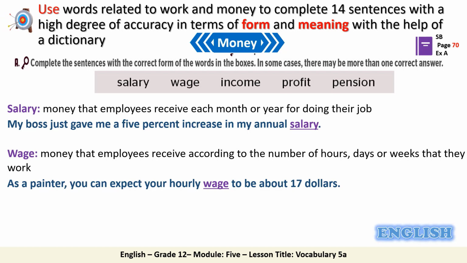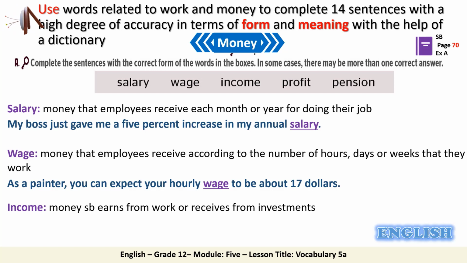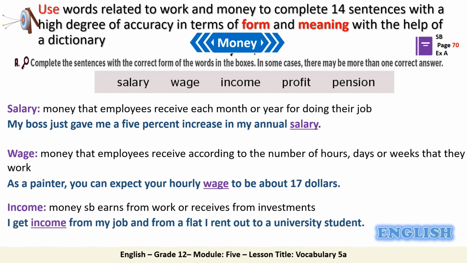So you see the difference between salary and wage is that salary is annual or monthly, but the wage is hourly, daily, or weekly. The next word is income, which means money somebody earns from work or receives from investments. For example, I get income from my job and from a flat I rent out to a university student.